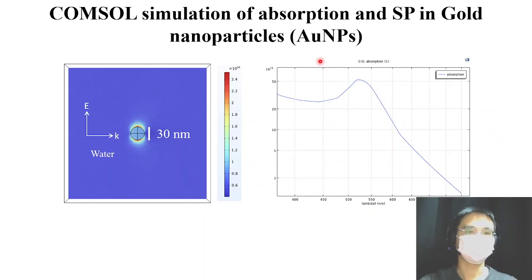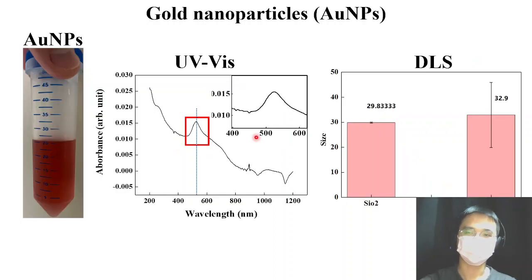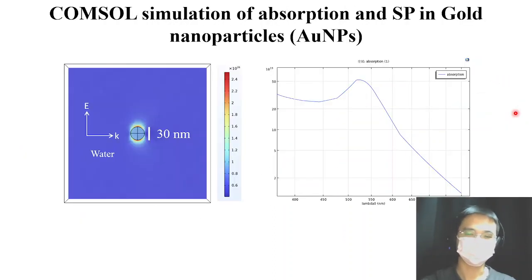This is my COMSOL simulation of the absorption and the electric field. Because my size is around 30, I made the model around 30, and we apply the electric field this way. We can see a very strong electric field here.